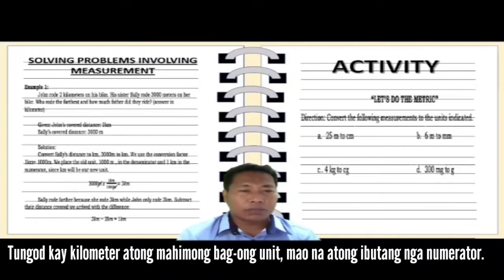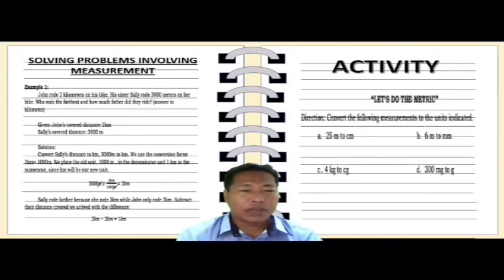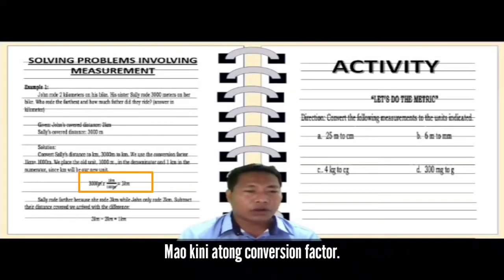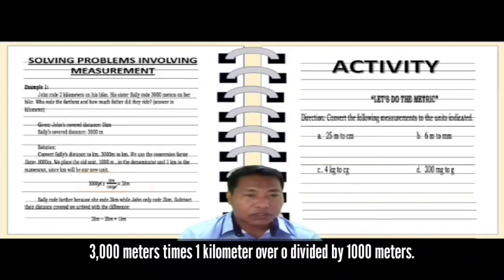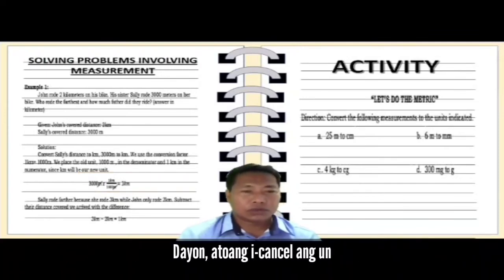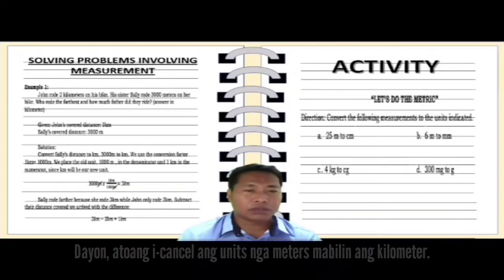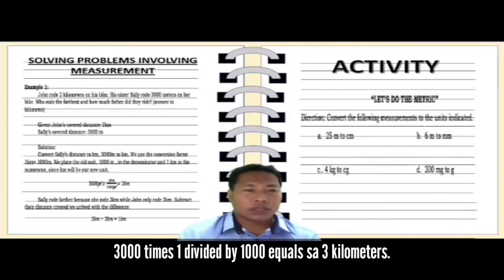Since kilometer will be our new unit, kilometer will be our numerator and the denominator is the meter. Okay, we have here our conversion factor. We have 3,000 meters times 1 kilometer over 1,000 meters. So we're going to cancel meter. So the result is 3,000 times 1 divided by 1,000 is equal to 3 kilometers.